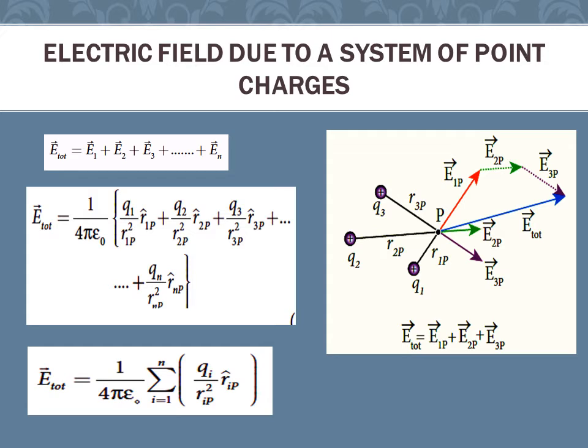From the point P you have charges Q1, Q2, Q3 which are at distances R1P, R2P, R3P, etc. Then we can calculate the electric field due to each charge Q1, Q2 and Q3 at the point P. According to the superposition principle, E will be equal to E1 plus E2 plus E3 up till En for n charges. So E is equal to 1 by 4 pi epsilon naught Q1 by R squared 1P and so on. They've taken 1 by 4 pi epsilon naught as a constant and are just adding the other quantities.